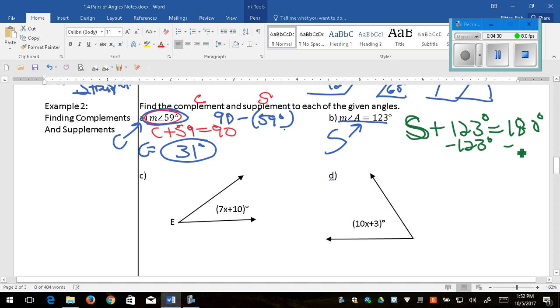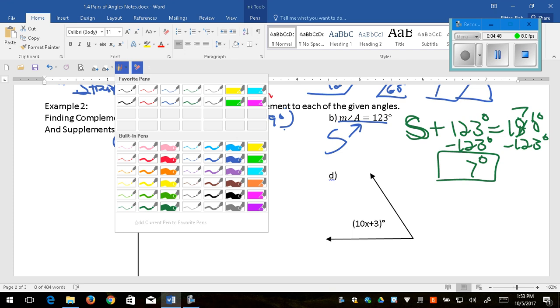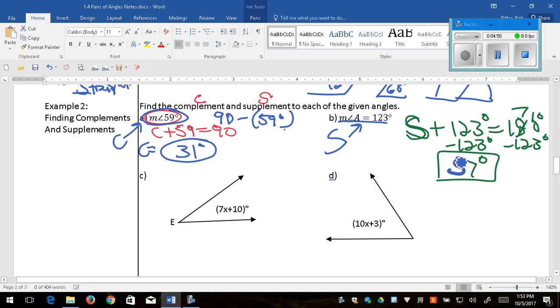Some of you wouldn't write the equation, you would just do this to begin with, and that's fine. And you would get, actually not 27, 57, geez, 57 degrees for your answer for that one.